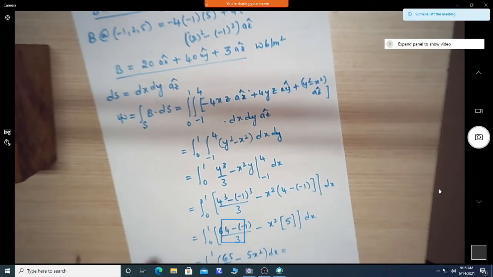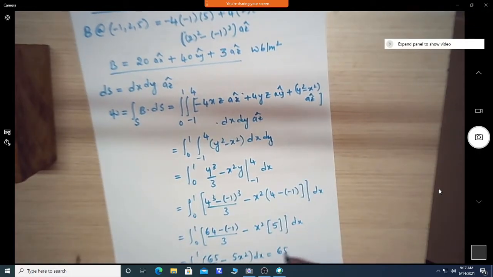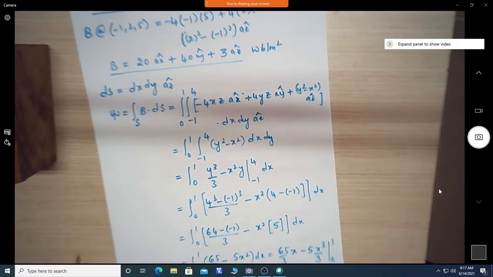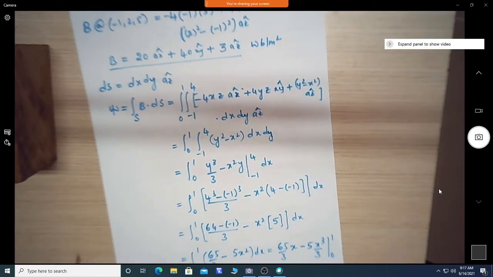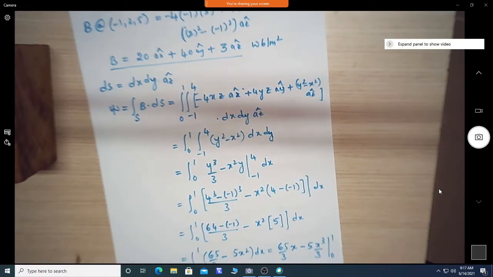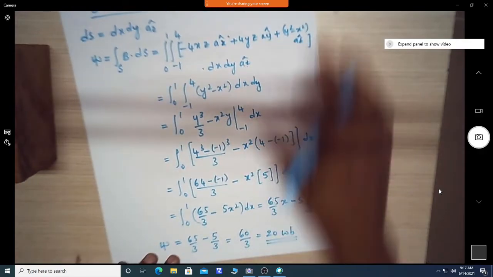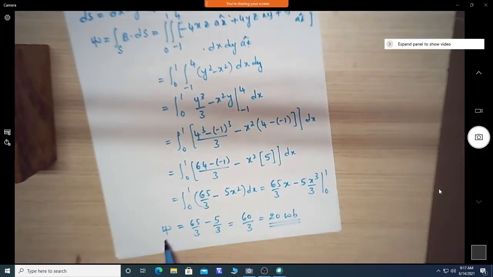If I integrate this, you are going to get 65 by 3 x minus 5x cube by 3, substituting 0 to 1. This will give the flux, which is 65 by 3 minus 5 by 3. So this is 60 by 3, which is equal to 20 Weber. So this is how we get the flux through that surface.